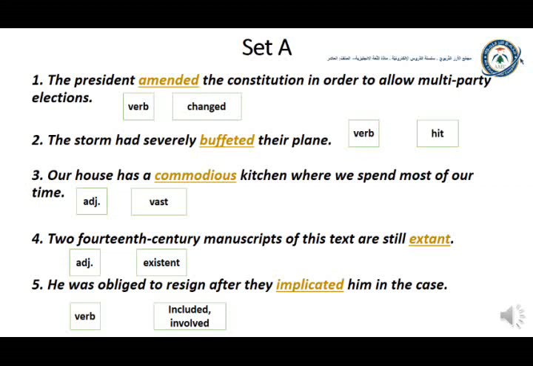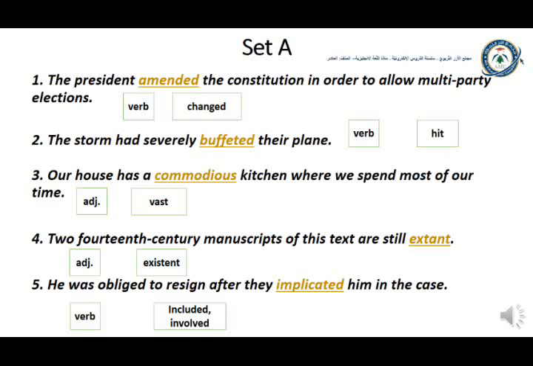In this sentence, some context clues can be storm and plane. We can also consider severely. The storm had severely buffeted their plane. So the storm had severely hit their plane. Buffet means hit.